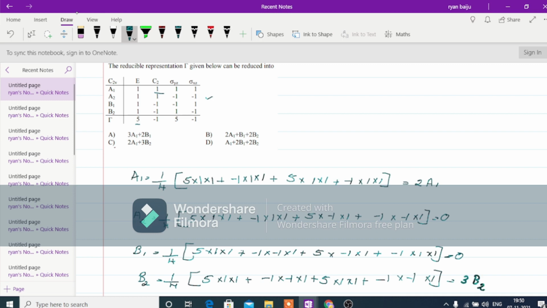Therefore answer is 2A1 plus 3B2. Therefore C is the answer.